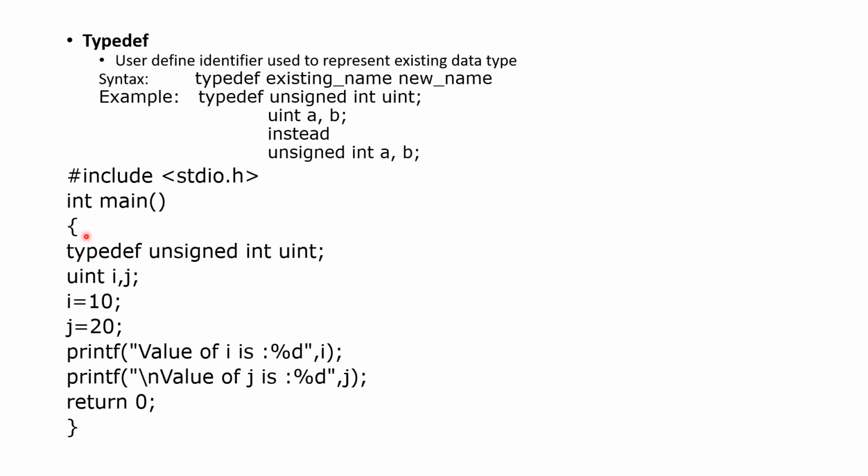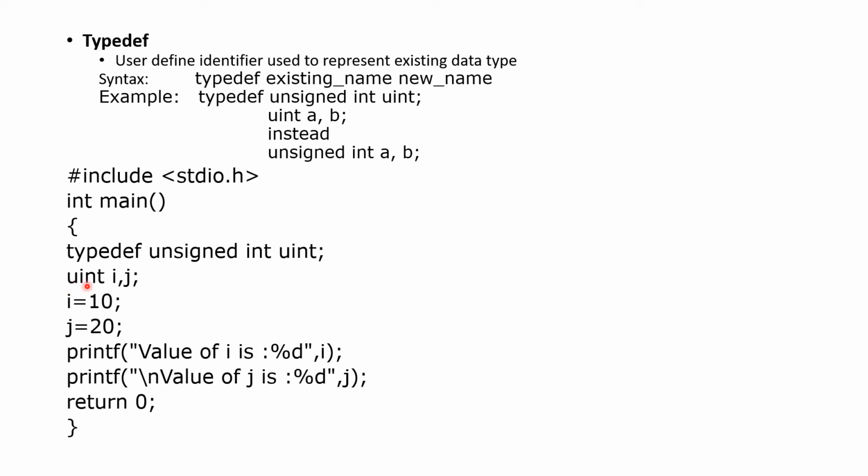Using this typedef, I can give a new name to the existing data type. For example, in this program I write typedef unsigned int uint. It means I am giving the new name uint to the existing unsigned int. And after just this single statement, I can use uint as a new data type instead of writing unsigned int.